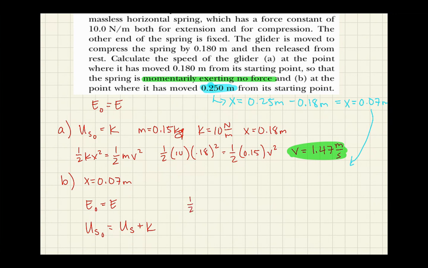So plugging in my energy formulas, I get the 1/2 kx squared, that's x naught, equals 1/2 kx final squared plus 1/2 mv squared. Again, that's 1/2 times 10 times 0.18 squared equals 1/2 times 10 times 0.07 squared plus 1/2 m v squared. I'm sorry, where the mass is 0.15.